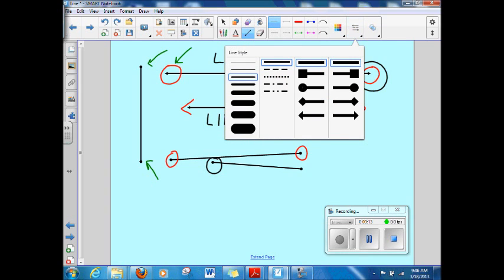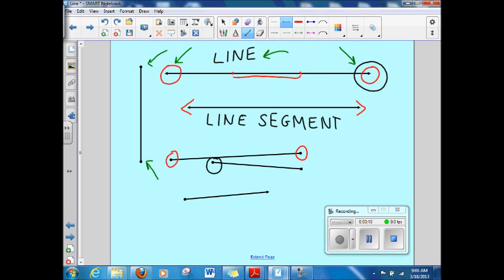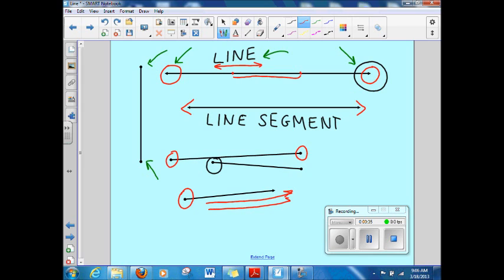I'm going to have a dot on one side and an arrow on the other, and it looks like this. Oh, that's kind of interesting. It has a definite starting point right there, but in our minds, this line goes on forever. But it's not called a line because lines, of course, travel in both directions, and this one is traveling only in one direction. We need to have another name for this, and the name for this is a ray.